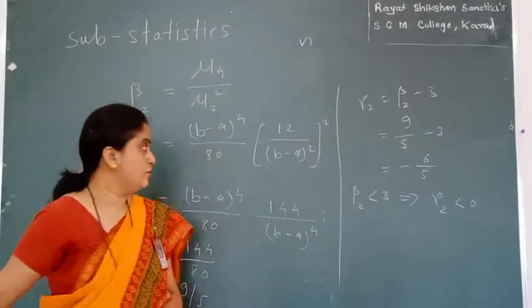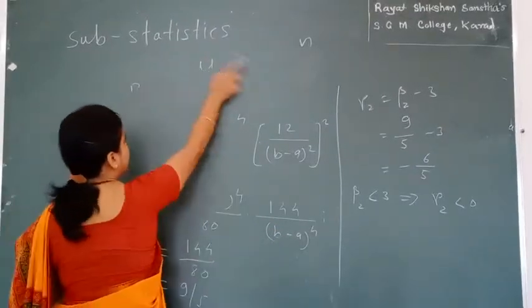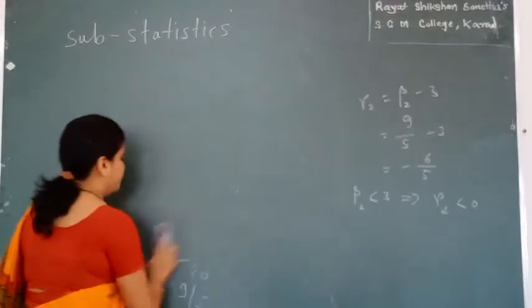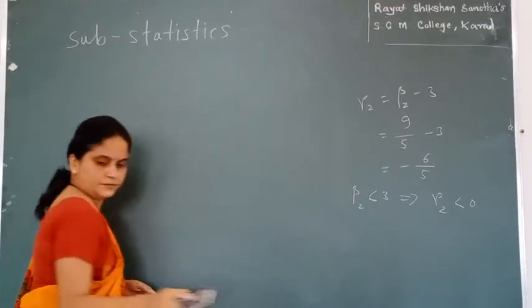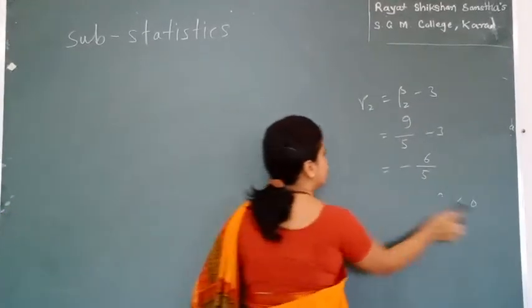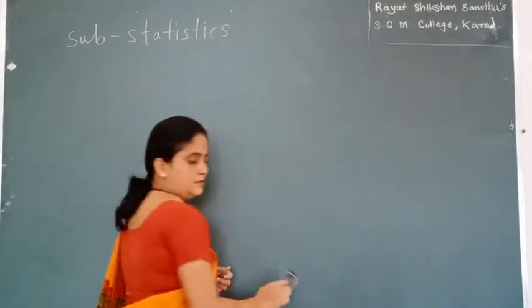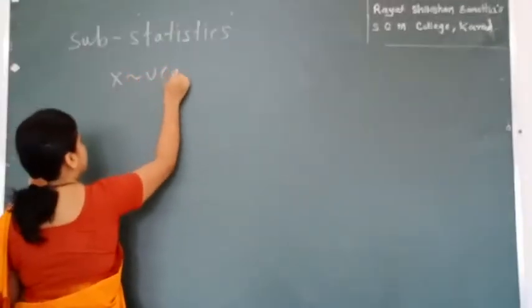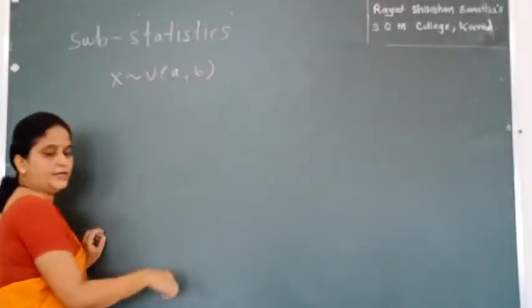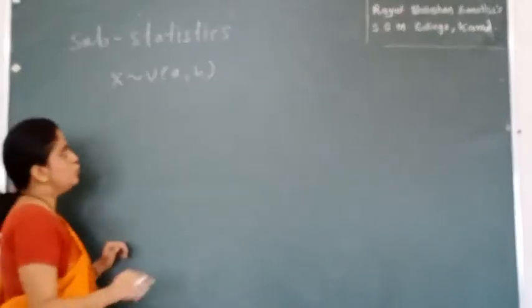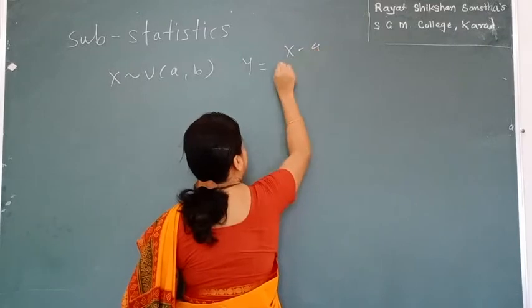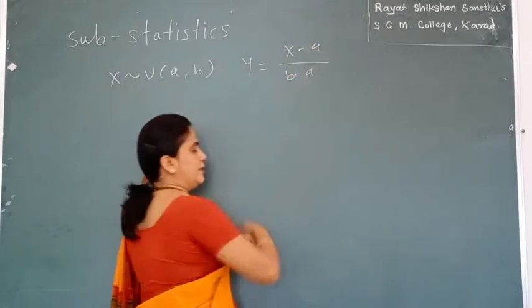Okay. Now let's have some examples related to uniform distributions. So first example is, suppose we have x follows uniform distribution over the range a to b, then we need to find the distribution of y, which is equal to (x minus a) divided by (b minus a).